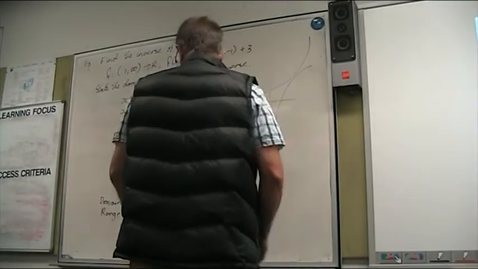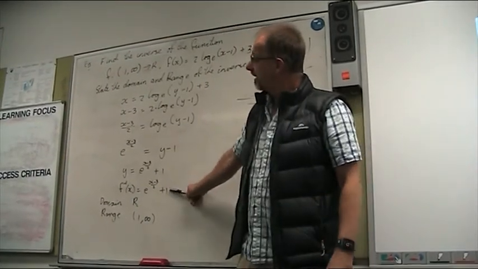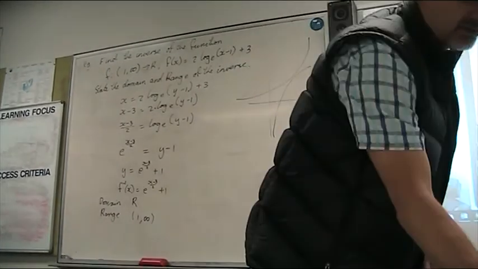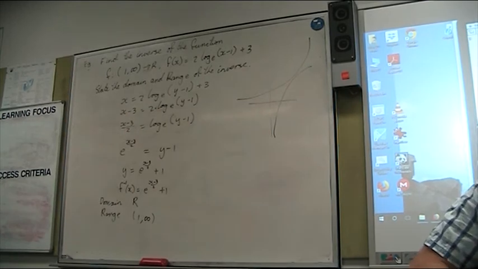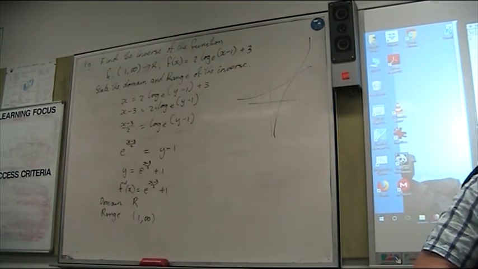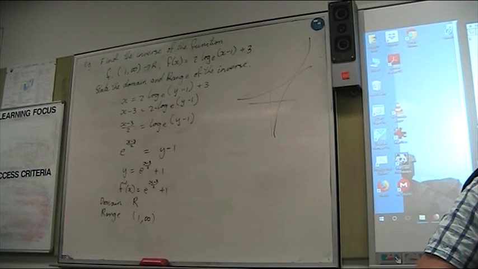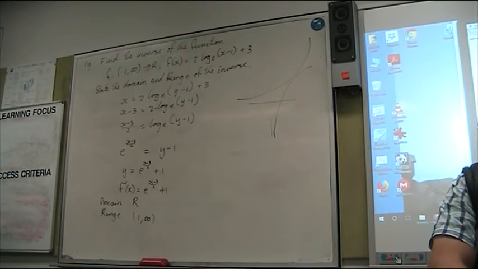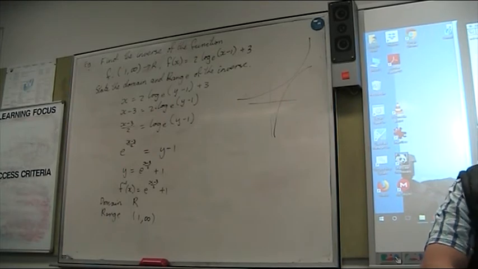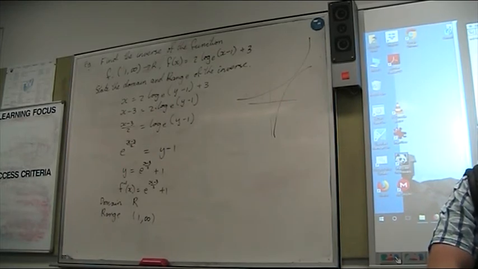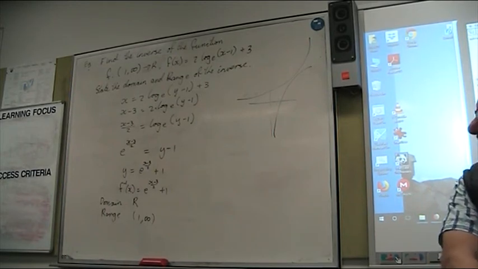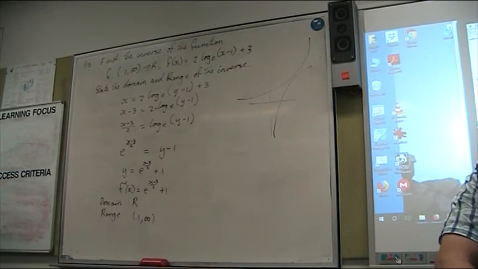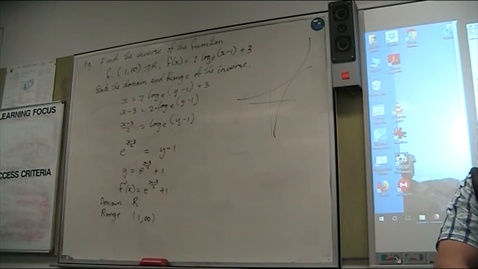Now, if you are concerned about rearranging this, you can get your calculator to help you. If you go to solve, you can do that in the advanced solve, and you can ask it to solve, because it's x equals 2, and you need from your keyboard ln. ln is log base e, and it's y minus 1.